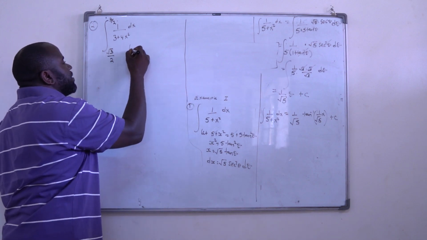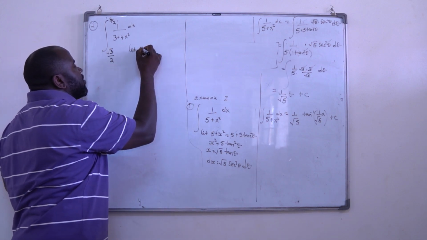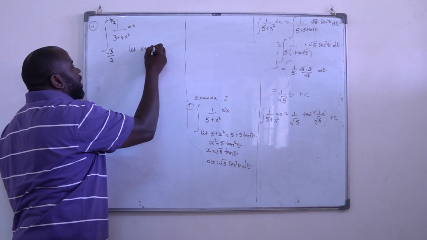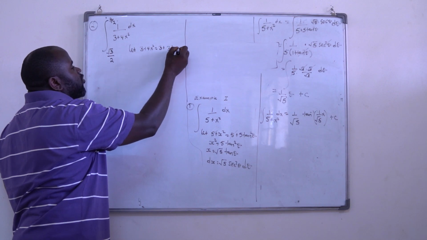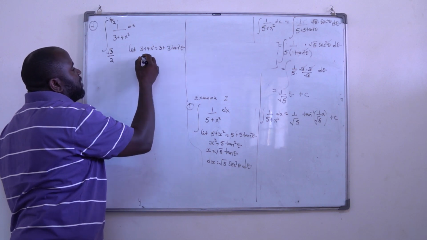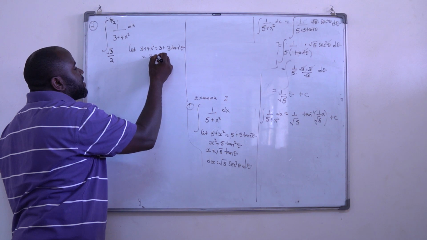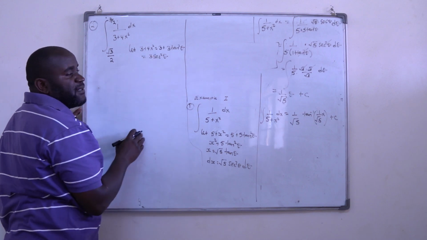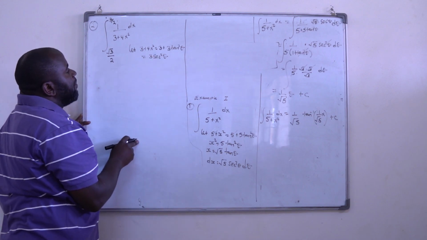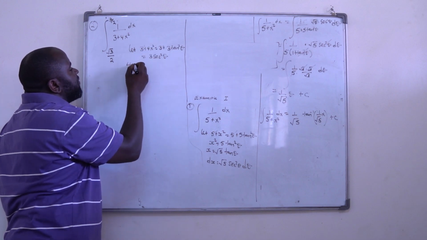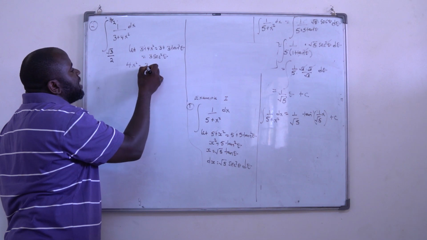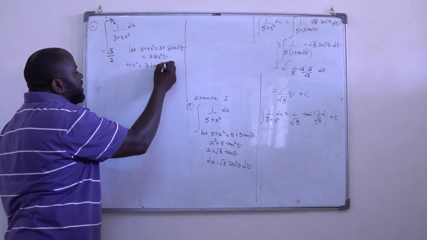One, we let 3 plus 4x squared be equal to 3 plus 3 tan squared of theta. This is the same as 3 sec squared of theta. But when you lose the 3 with this 3, you'll end up having 4x squared is equal to 3 tan squared theta.